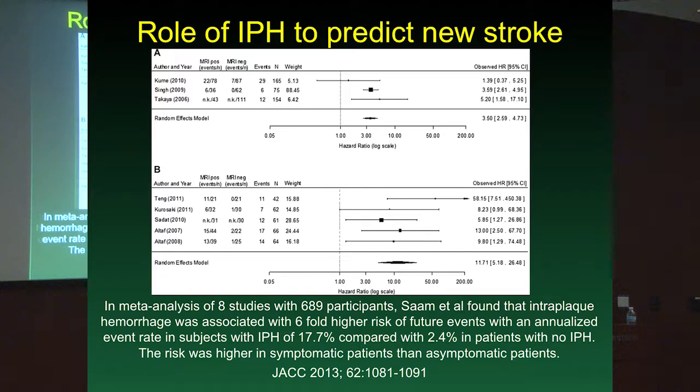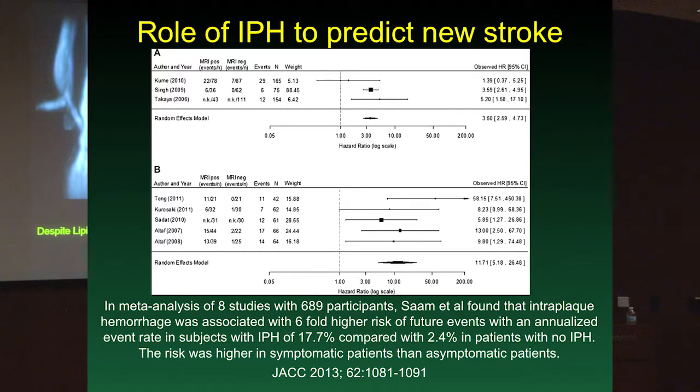And that risk was particularly significant and worse if you had had recent symptoms. So that's why we think the combination of recent TIA or stroke and the finding of intraplaque hemorrhage is a marker of a very vulnerable plaque, which is why that second study that we're going to ask with intensive statin therapy, adding on the PCSK9 inhibitors.